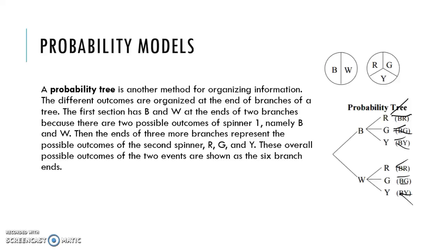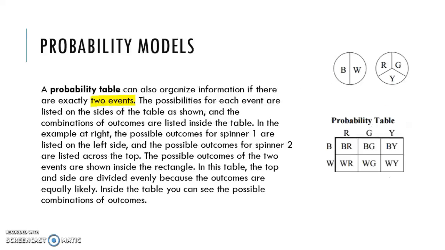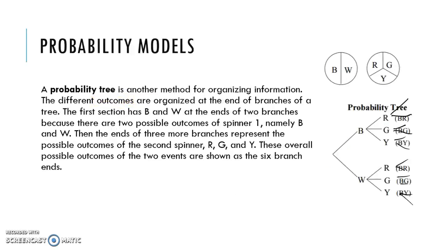I left off in the last video finishing up with the probability table, and the last probability model type is the probability tree. It's nice because if there are more than just two events, you can add on another layer of branches and calculate 3 events.